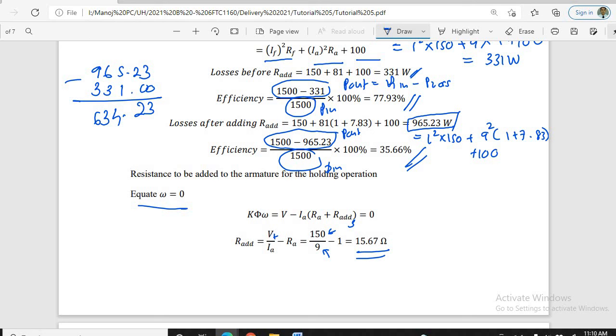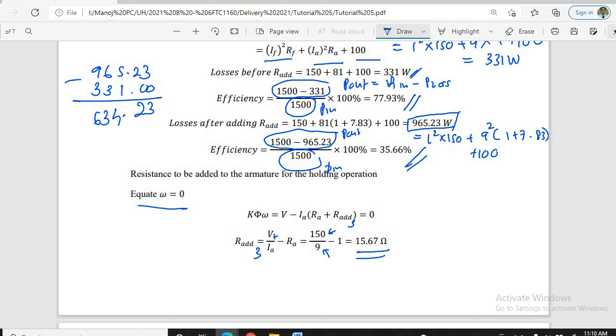Actually this is R add 3, because in that version we have written it as R add 3. So if we add 15.67 ohms of resistance, our motor will not move, it will stop, right?